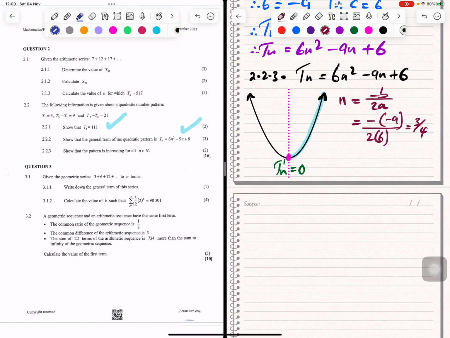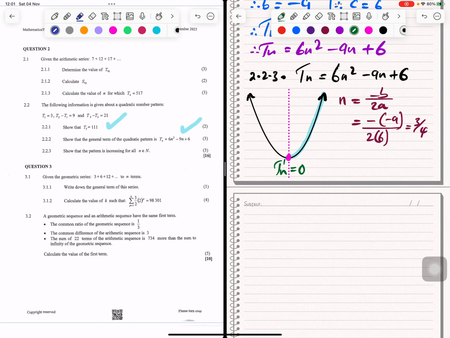Okay, 3 times 3 gets 9 and 3 times 4 gets 12. So that is the value of n at that particular point. It's called the minimum point of this particular number pattern. But in this case, you want to prove that this is increasing for all values of n being natural numbers.